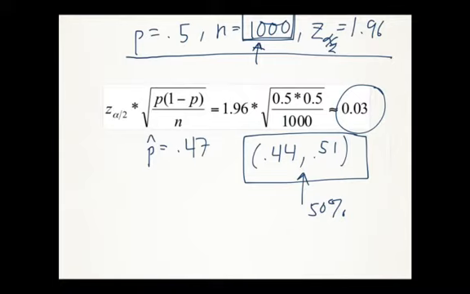Remember that we had learned in previous lectures that when we construct a confidence interval, what we can then say is that we are 95% confident that the true parameter value lies within the confidence bounds. So there's this website called the Polling Report.